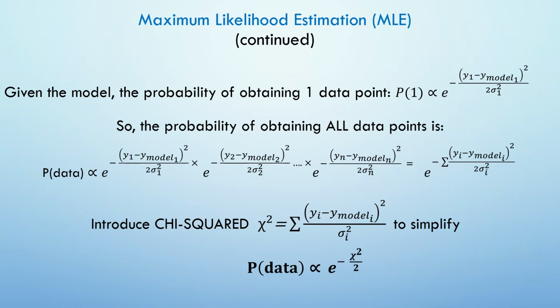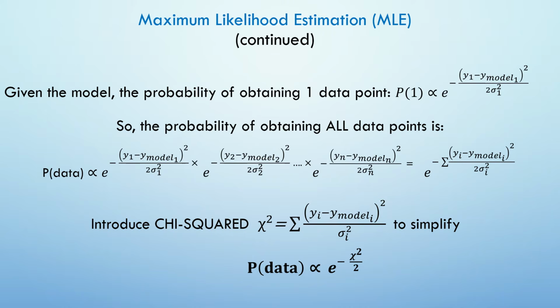The result is a nice simple proportionality that the probability, given the model, of generating all the data is proportional to e to the negative chi-squared divided by 2. Hence, the model with the highest probability of generating all the data, and therefore provides the best fit parameter values, occurs when chi-squared is minimum.